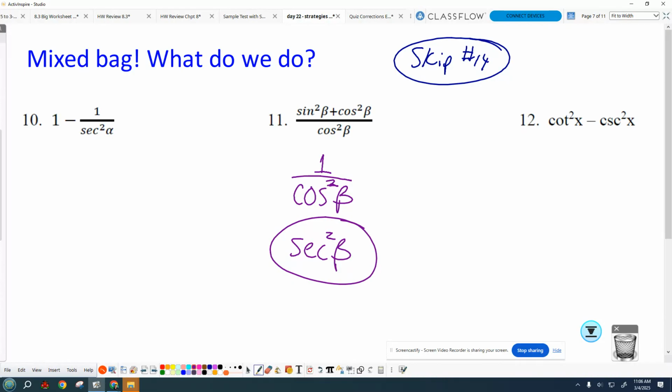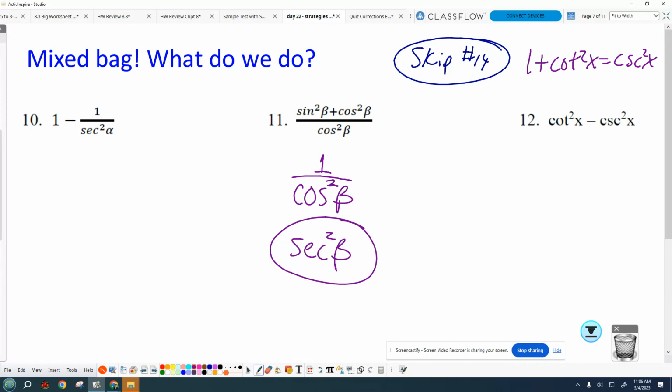Number 12: I made them into cosine x, cosine squared x over sine squared x minus 1 over sine squared x. So I would look at the identity that's got their names in it. Cotangent and cosecant are in the same Pythagorean identity.